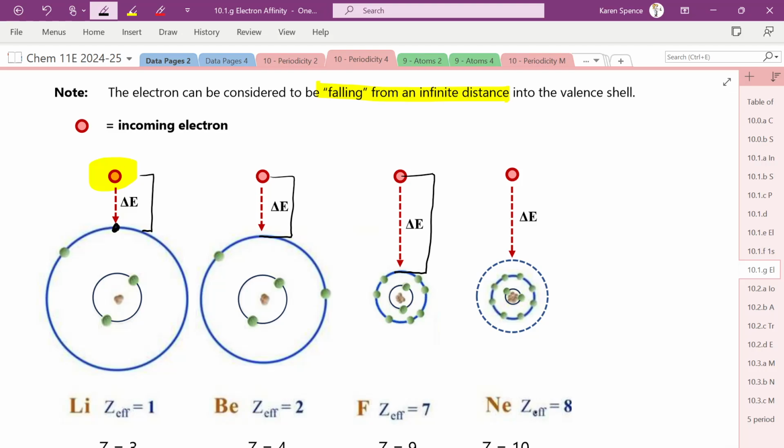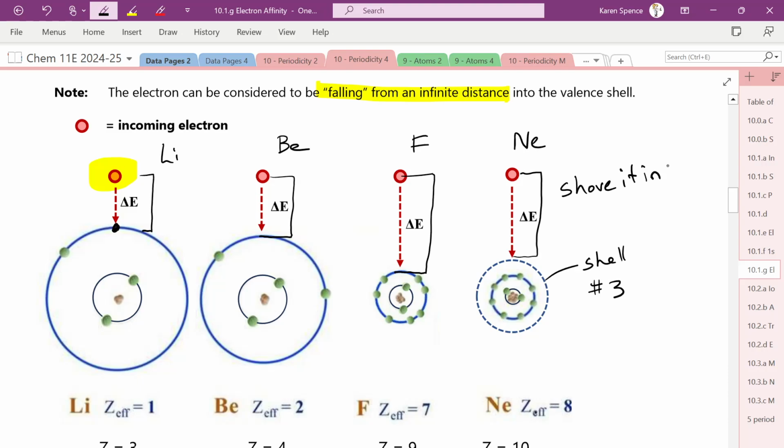And then all of a sudden, this is lithium, this is beryllium, and then we're at fluorine, and then neon. Uh-oh. Look, neon is a smaller distance again. Yeah, because it's having to go into shell number 3. So that's less favorable. So we have to shove it in, because it's being repelled by two energy levels.